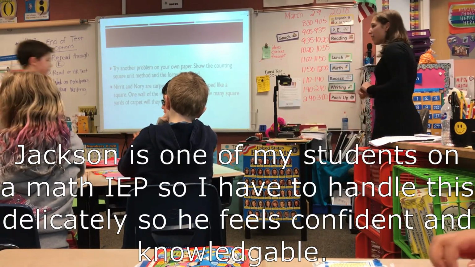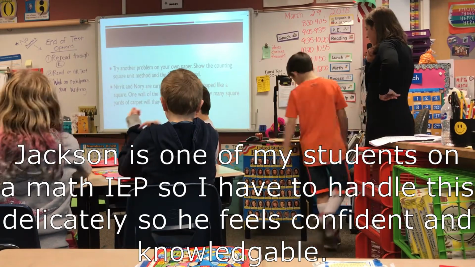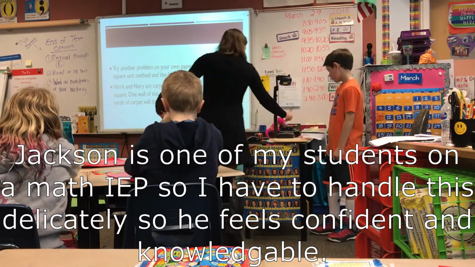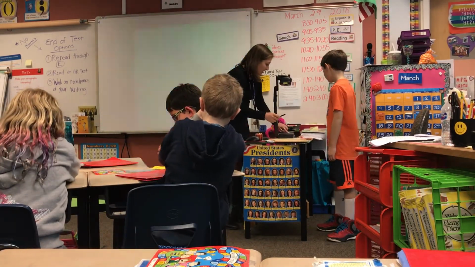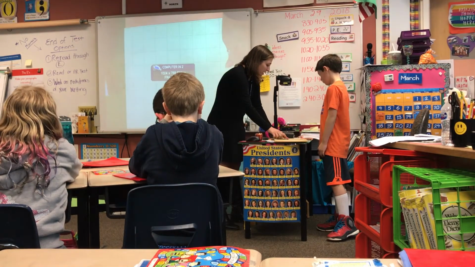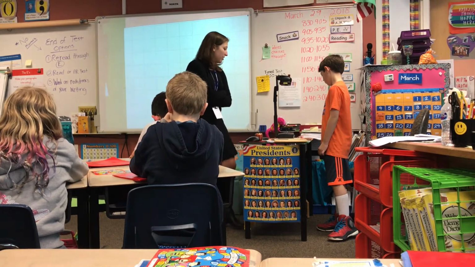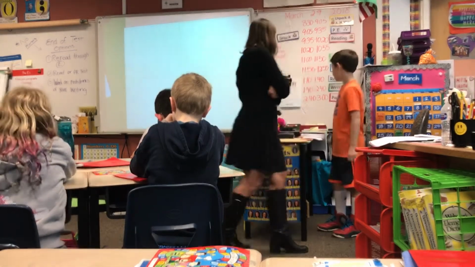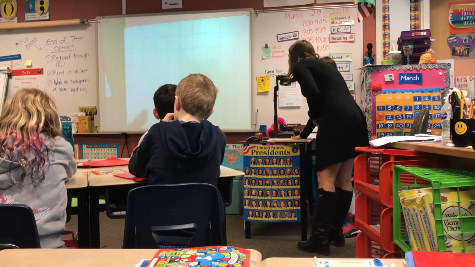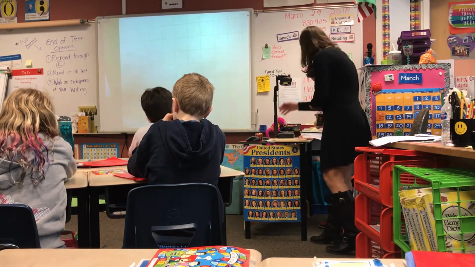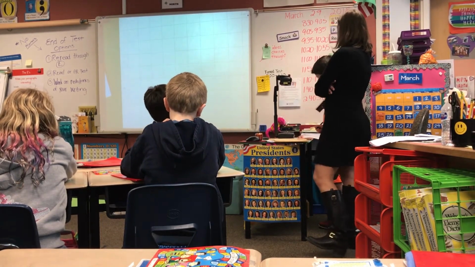Okay, if we've got a square, and if each one is a yard, if we've got a square that has 6 long each side, what is it going to look like? You can feel free to ask out to the group if you need to. How long will your first side be?